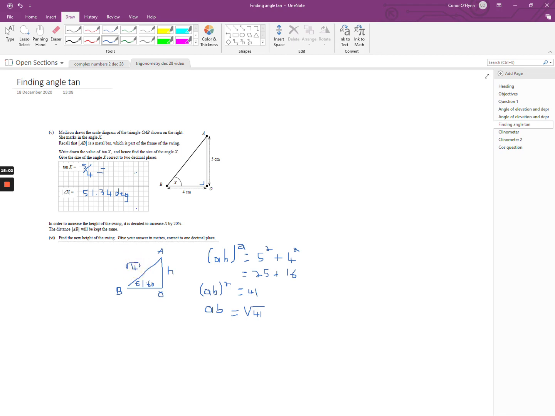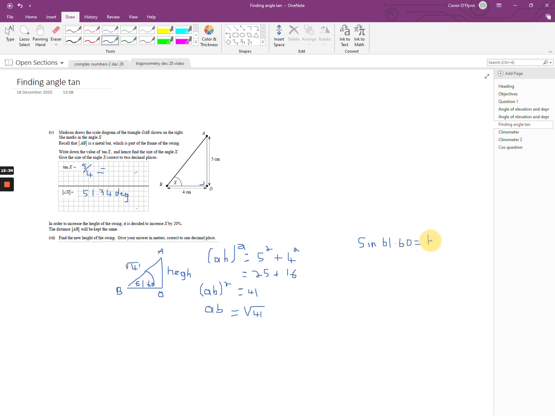Okay, and now I'm looking for my height. So I have my angle. I know that H is opposite. Okay, H stands for height, just to clarify that. So it'll be sine. Sine 61.6 is opposite over hypotenuse.